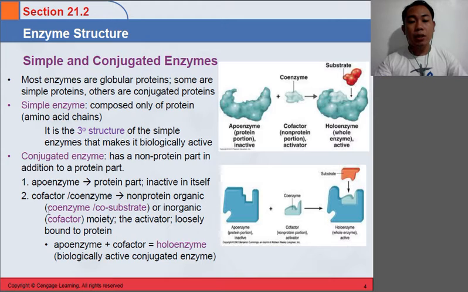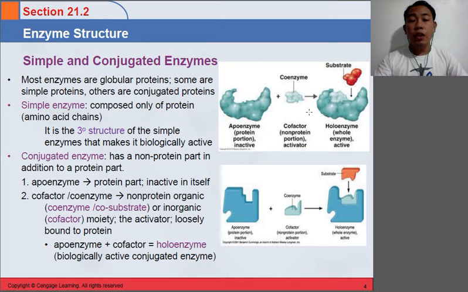That is why the organic ones are called coenzyme or co-substrate, and the inorganic ones are called cofactor. So apoenzyme plus cofactor will form a holoenzyme, which is a biologically active conjugated enzyme.